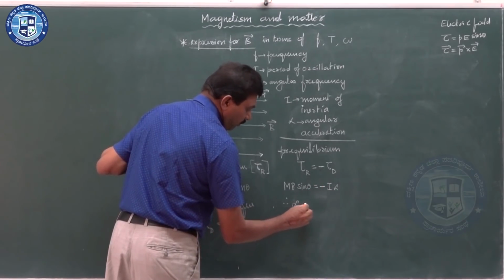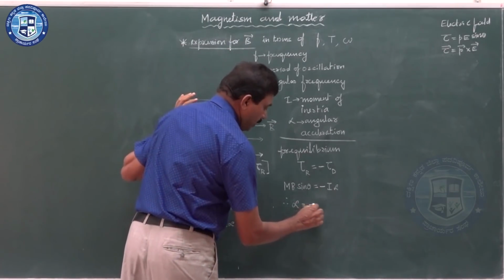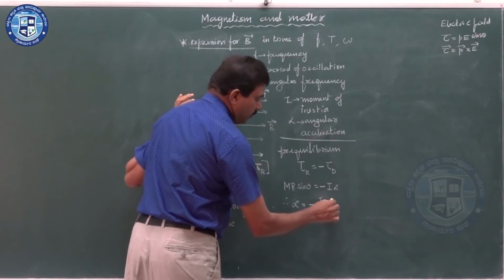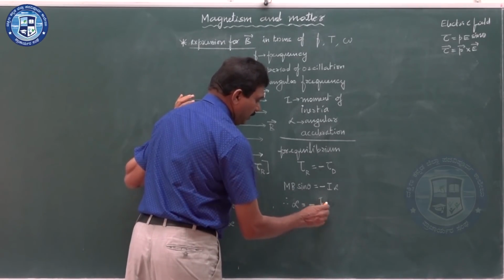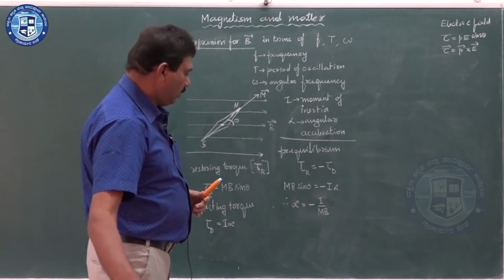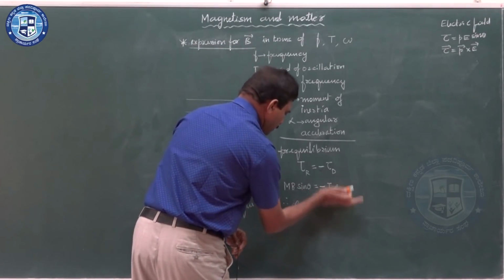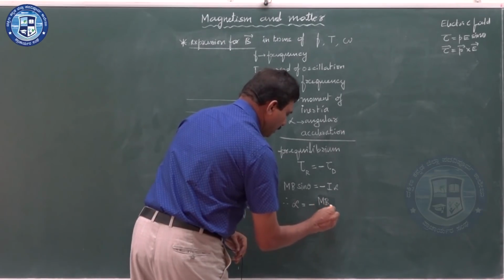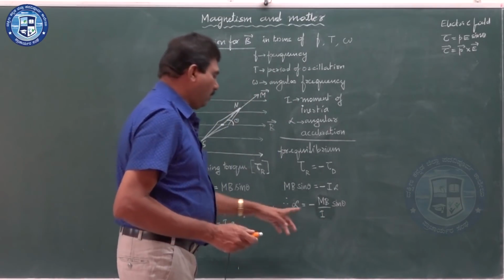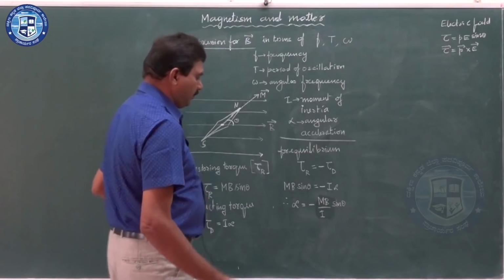Therefore, what is alpha equal to? Alpha is equal to minus M B by I into sin theta.